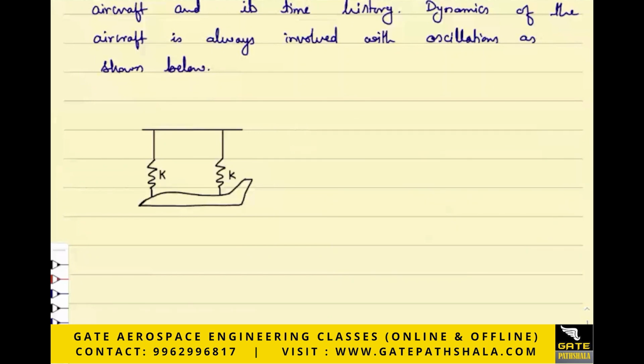Okay, now if I apply some force of excitation to this, what will happen? One spring, that is this one, will get compressed and the other one will get extended, right? It will get enlarged.